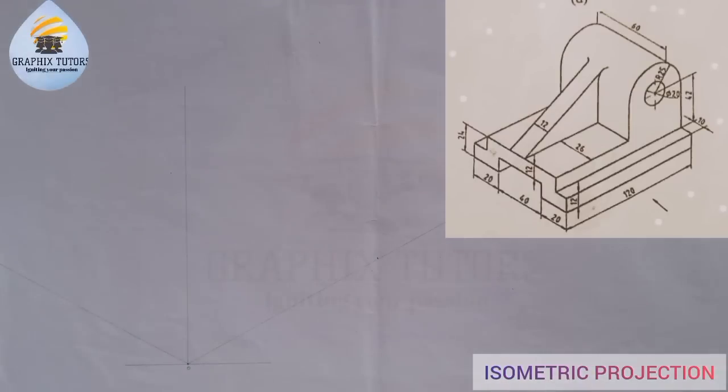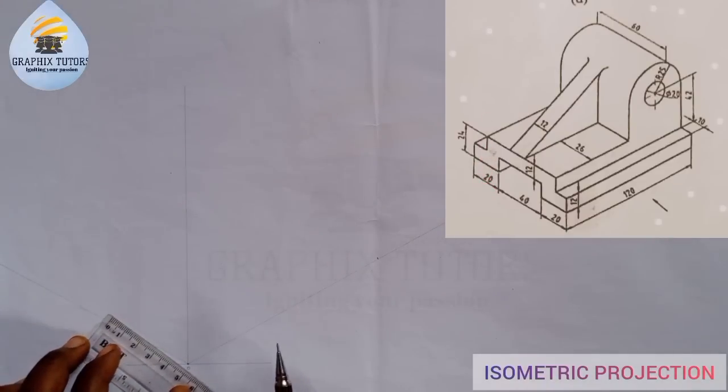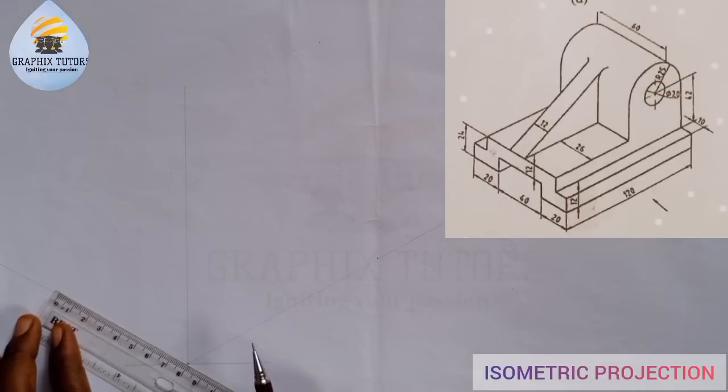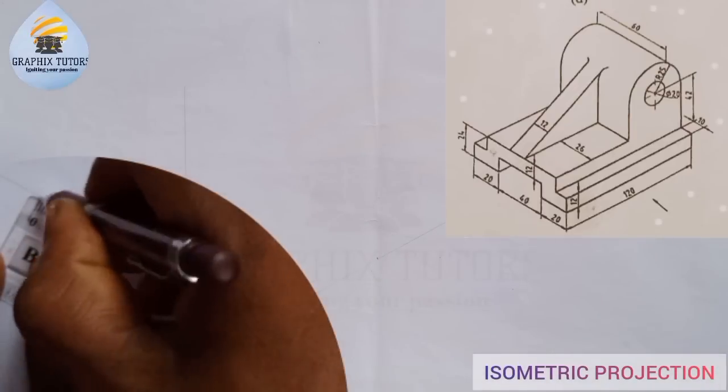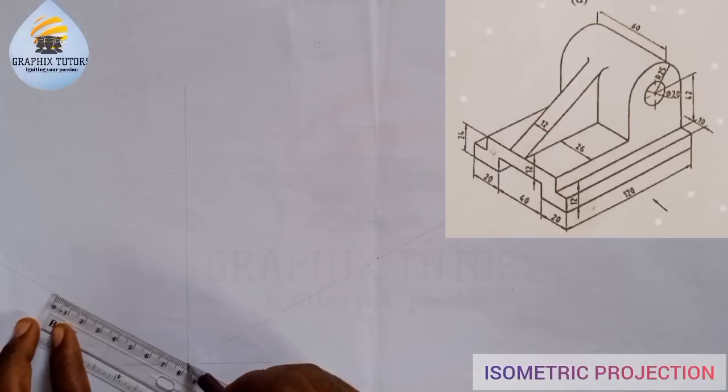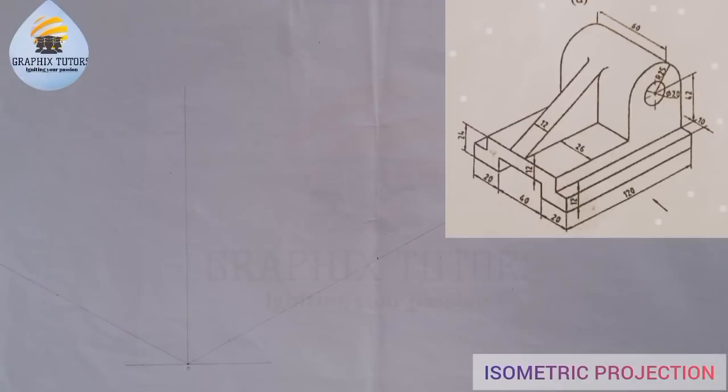Similarly, I'll measure the entire width here, and that's giving us 20 plus 40 plus 20, and that is what? 80. So I'm going to measure 80 at this junction here. So from 0 to this 80 here, right?